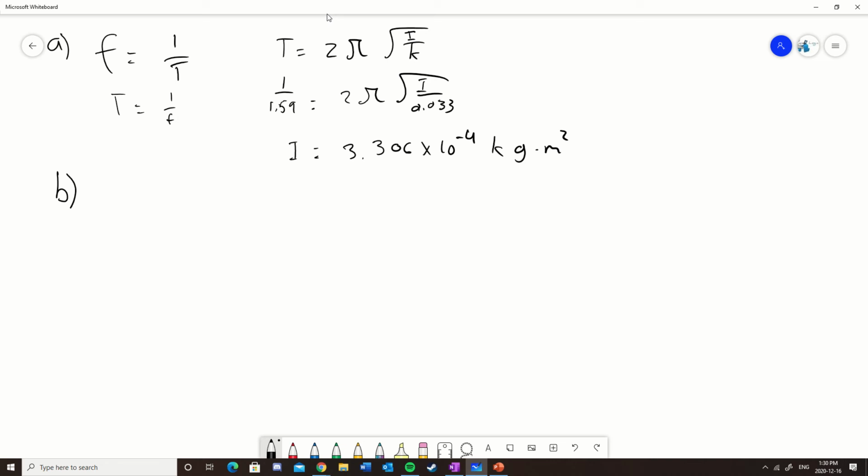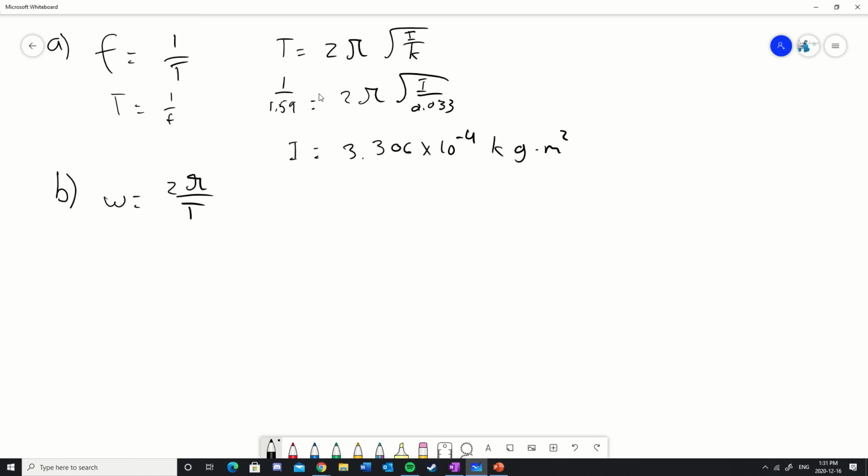We know that our angular frequency is equal to 2 pi over our period, which we already found earlier.